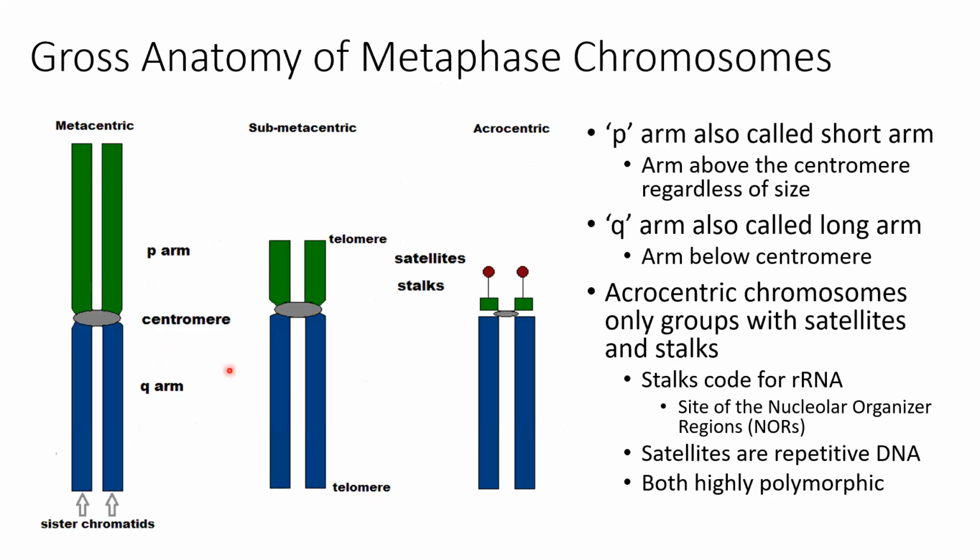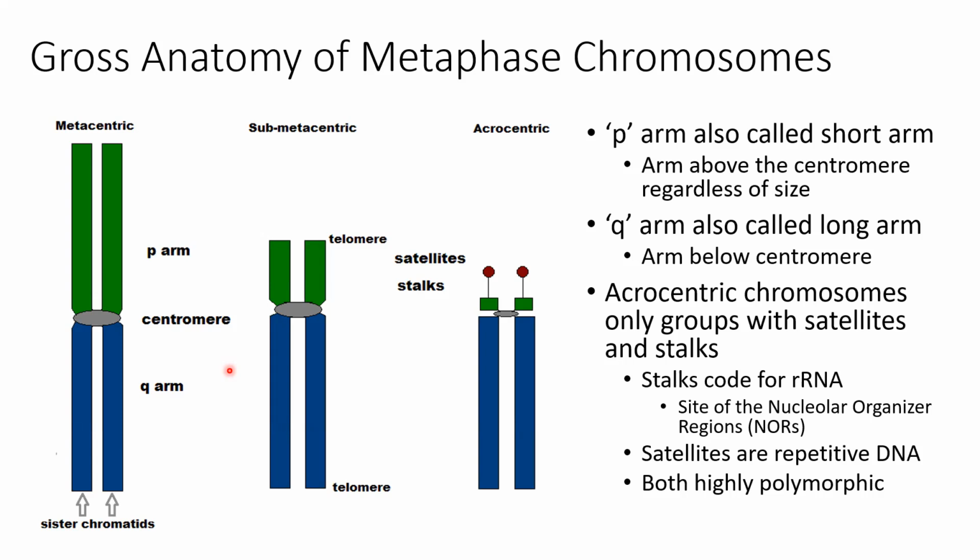So when we talk about metaphase chromosomes, when we look at chromosomes, we are looking at chromosomes that we have arrested the cell during cell division. And again, we'll talk about all of that technology a little later on in boot camp. But we are looking at metaphase chromosomes. And there are 3 basic sizes, or 3 basic centromere positions. There's metacentric, in which the centromere pretty much divides the chromosome between long and short arm.